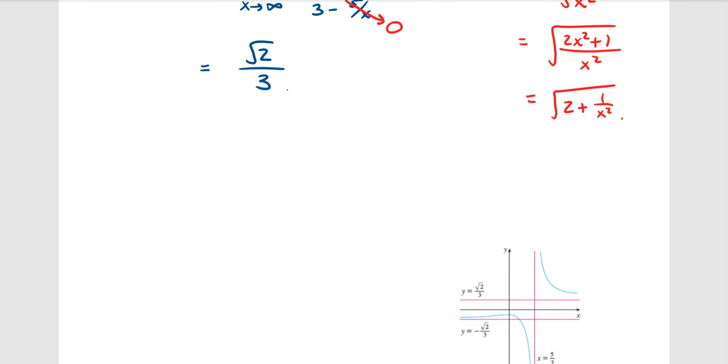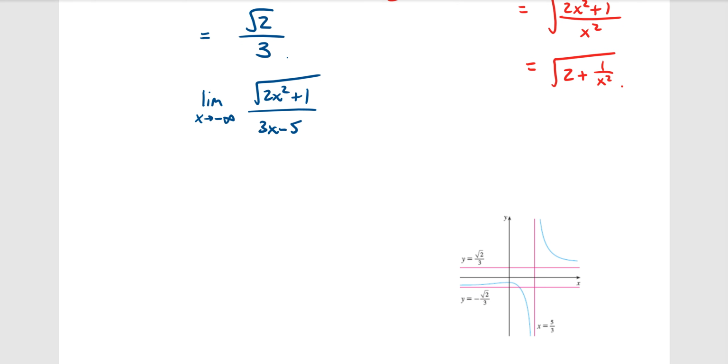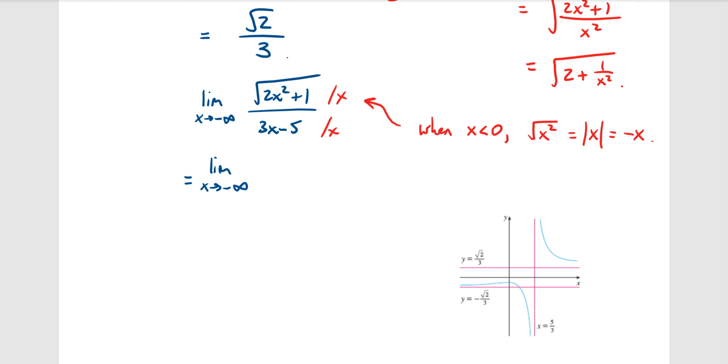Okay, now let's do the limit as x goes to negative infinity of the function. But when we are dividing the numerator and denominator by x this time, we have a little bit of an issue. And that issue comes in the numerator. When x is negative, the square root of x squared has to equal negative x.